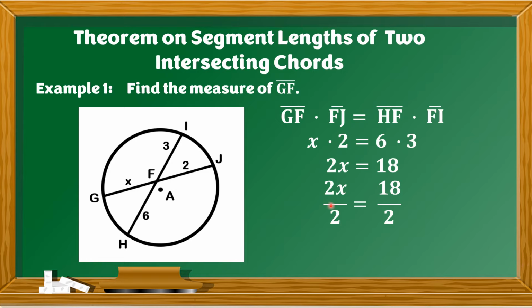So 2X divided by 2 is equal to X, and 18 divided by 2 is equal to 9. So the value of X is 9. Therefore, our final answer, the measure of line segment GF is equal to 9.